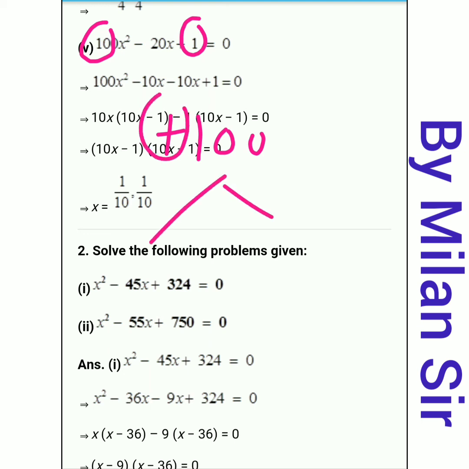Now here we have plus sign, so we need to use the addition process, and our middle term is 20, so we want the answer as 20. So we need to find factors of 100 such that if we add them, we get 20. Okay, so our two factors are 10 and 10, because 10 multiply 10 is 100 and 10 plus 10 is 20.